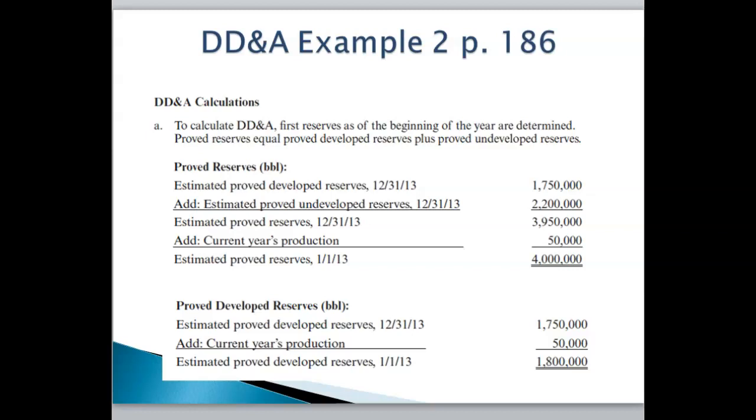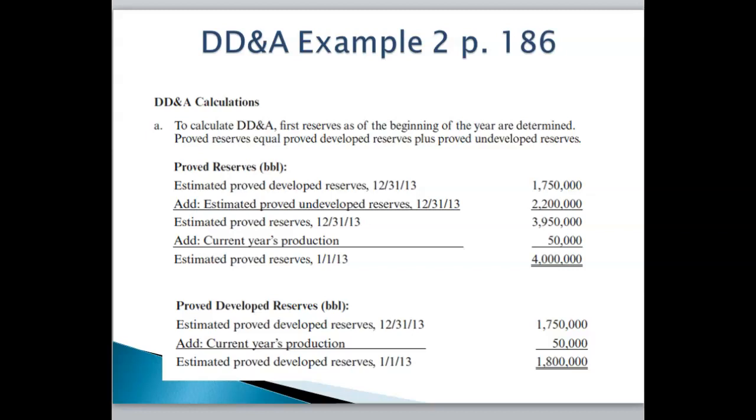We're going to add these together to get a total of 3,950,000. And this is going to give us our total proved. So it's going to be the developed and the undeveloped. We're going to add our current year production of 50,000. So our estimated proved reserves at the beginning of the year are 4 million.